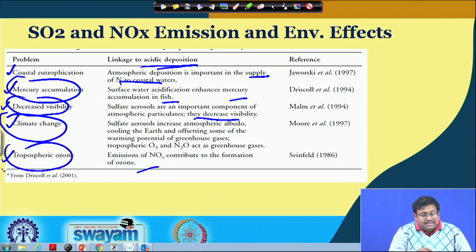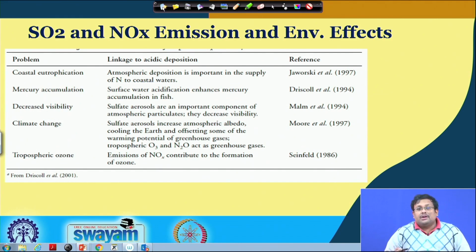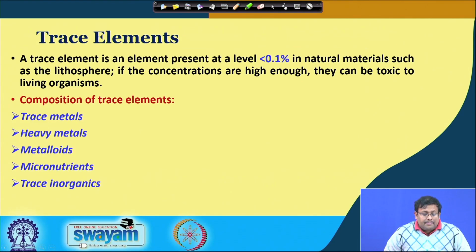So, all these are very important environmental impacts, and all are related to sulfur dioxide as well as nitrogen oxide emission, ultimately producing acid rain. So, let us move ahead and see what are the other environmental pollutants which are very important.